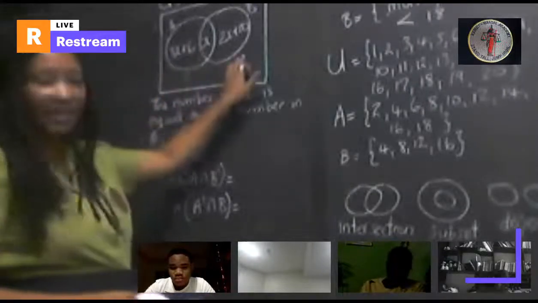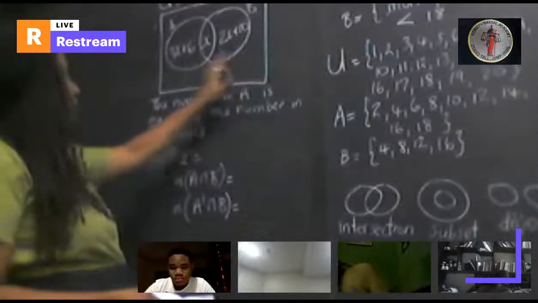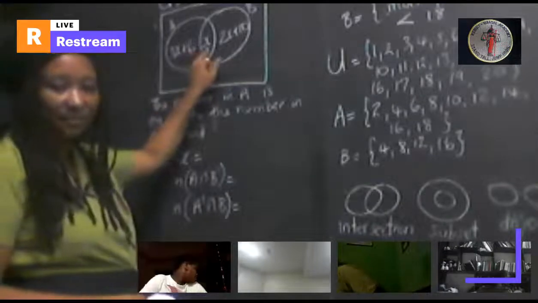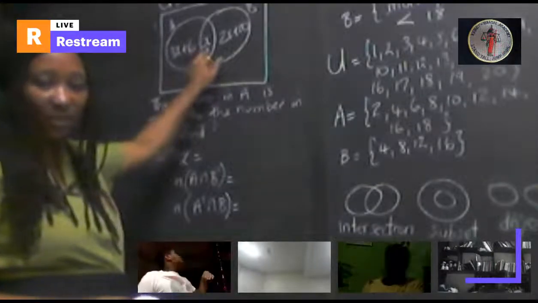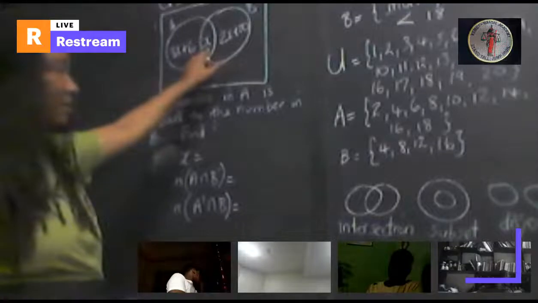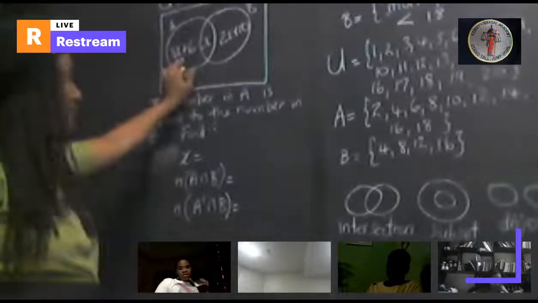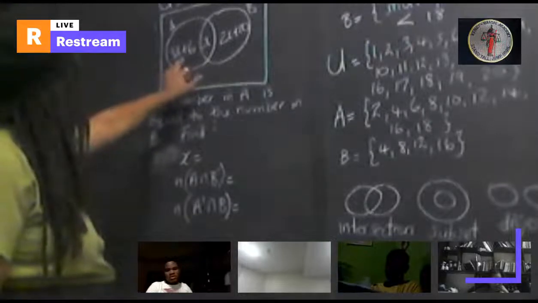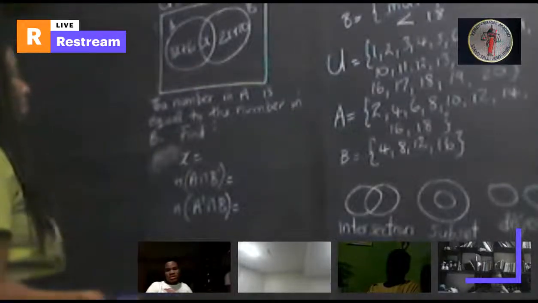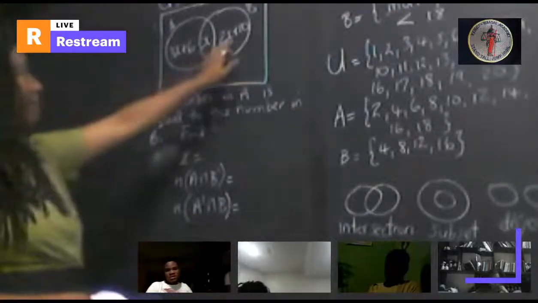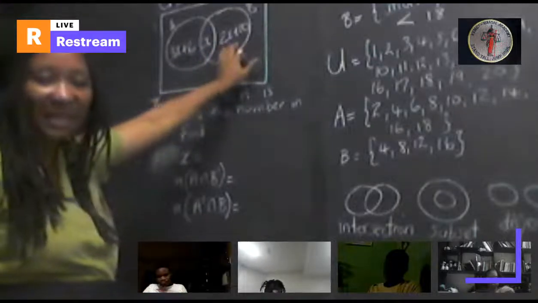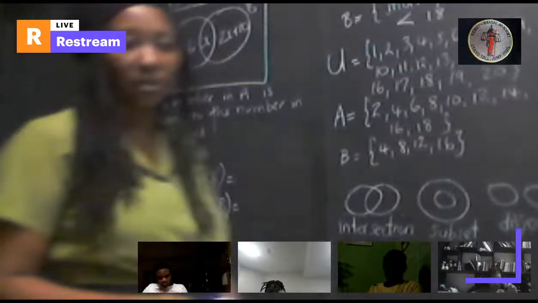Two sets intersecting. In the middle we have X. So write that in your book. X in the middle. In A only we have 3x plus 6. And in B only we have 2x plus 10. So write that down.